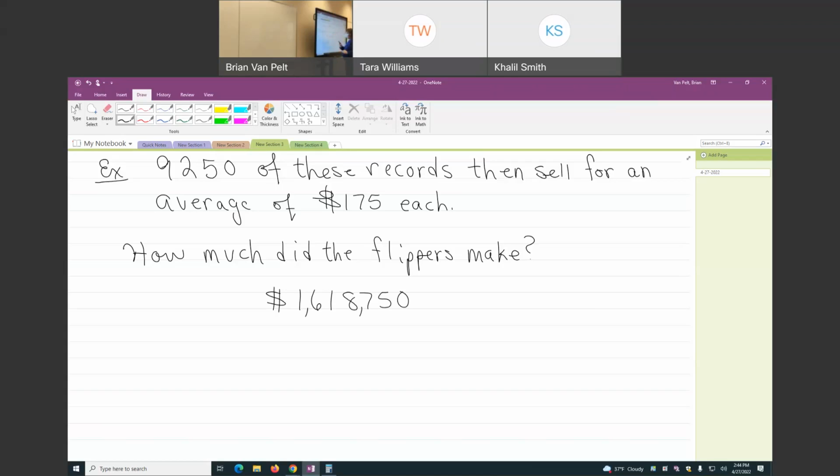You guys get this? So Taylor Swift made a tenth of this; here's a fraction of what these flippers have made.